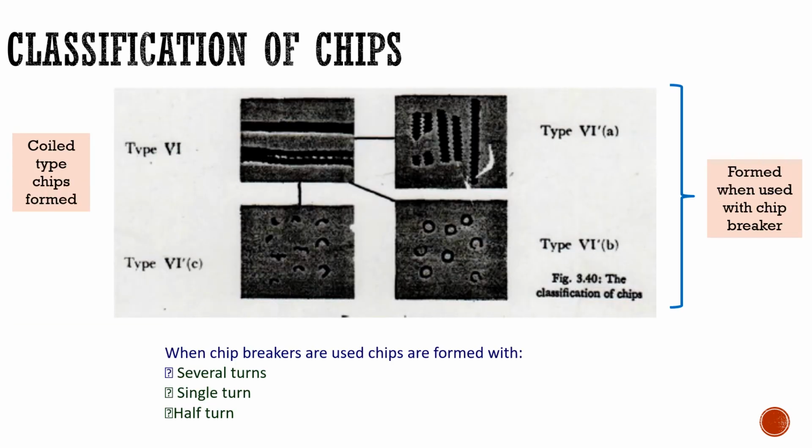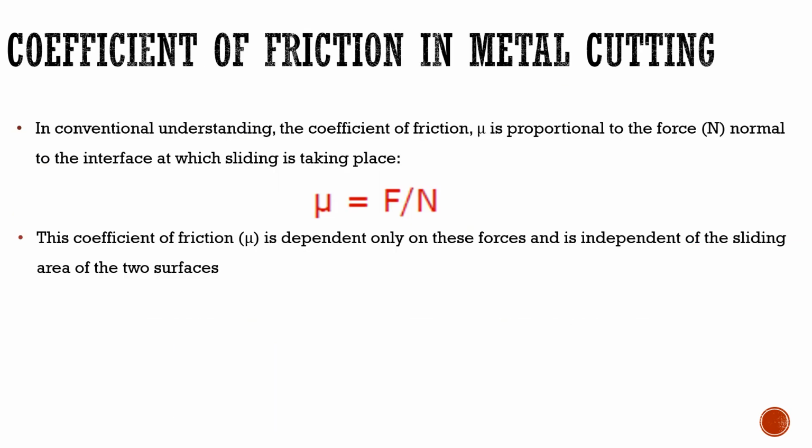Next are the type 6, which are coiled type chips. And on the right side, A and B are formed as the result of curling when chip breakers are used. So when chip breakers are used, chips are formed having several turns, whether single turns or even half turns.